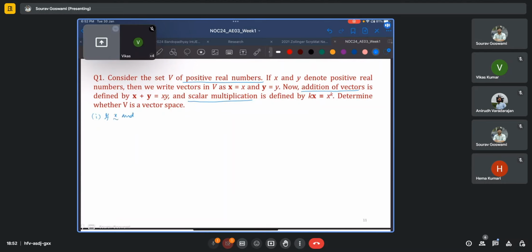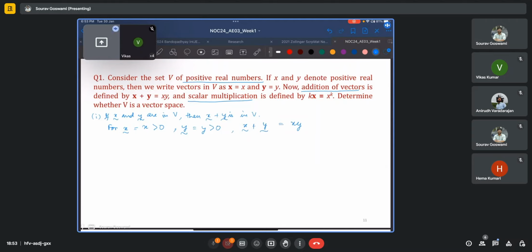If x and y are in the vector space V, then their sum should also lie in V. So let us check if this holds. In this case, the numbers are positive real, so they are greater than zero. The vector x simply denotes the positive real number, which is greater than zero. Similarly for y. The sum is defined as their product.